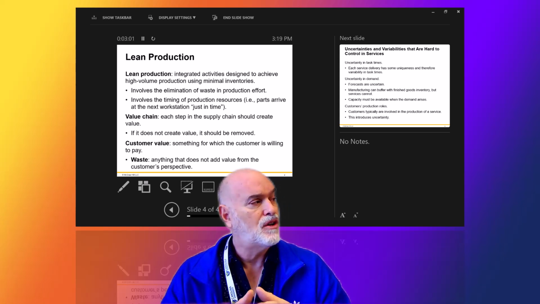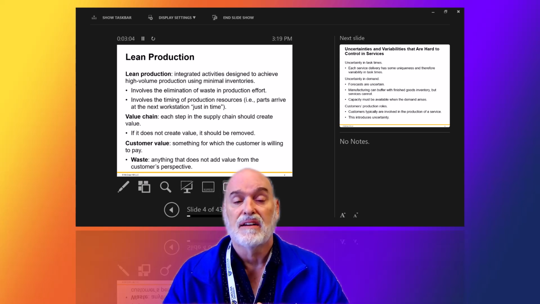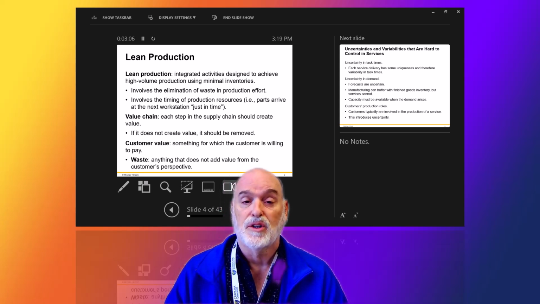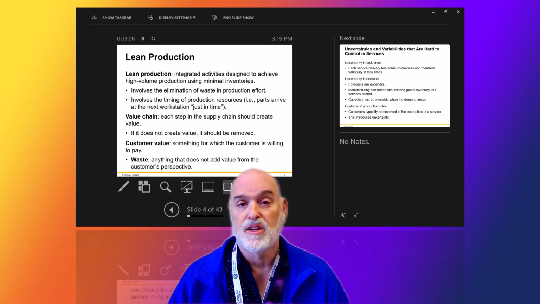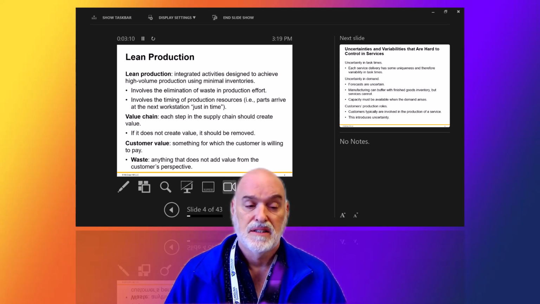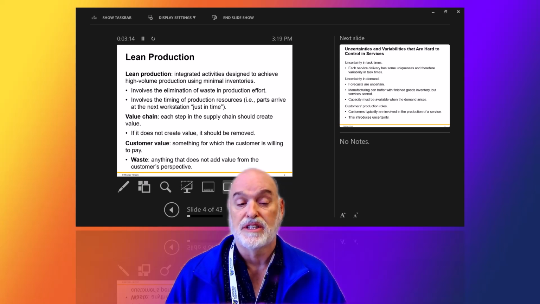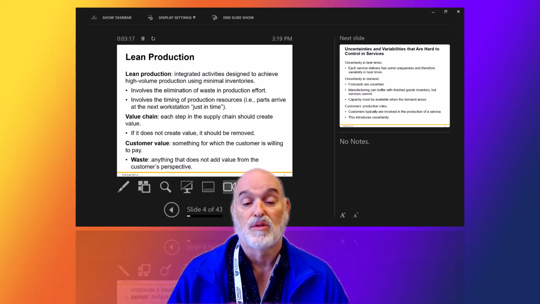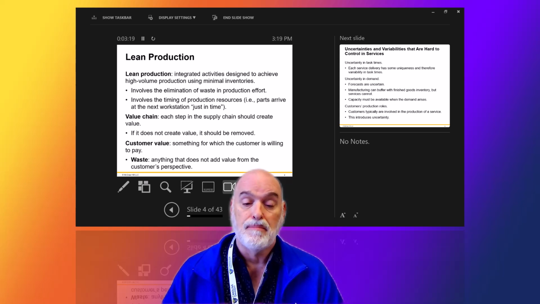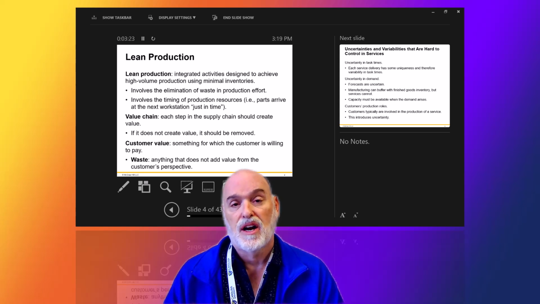Why don't you want your companies to have a lot of inventory in your simulation game? I think you know the reasons for that. It involves the elimination of waste in the production. It's the timing of production resources. Parts arrive just in time, and that minimizes the costs to companies because they're not holding inventory for a long time.